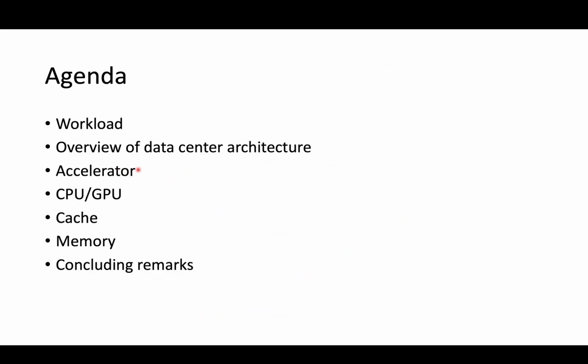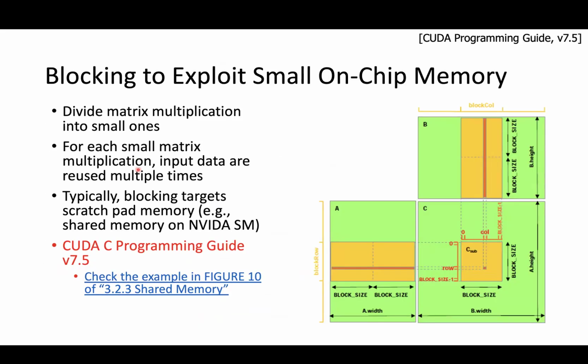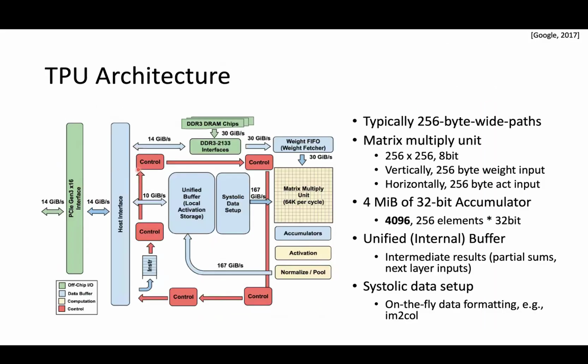And we studied accelerators, but basically we use an accelerator to do matrix-matrix multiplication in a tile-based manner. In the case of GPU, we store one matrix in main memory, DRAM, and the other matrix inside on-chip memory. The on-chip memory bandwidth is very large compared with off-chip DRAM bandwidth.